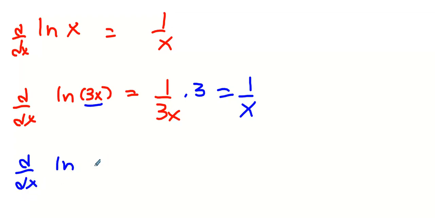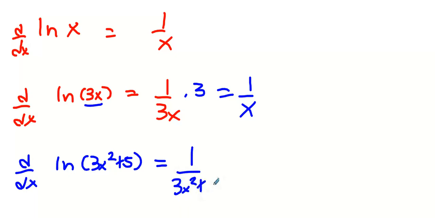Now, the next one I'm going to ask you to do is this one. ln of, for argument's sake, 3x squared plus 5. What do you think the answer is to this one? 1 over 3x squared plus 5. Differentiate the bracket. No, differentiate. 6x. You see that? It turns into a fraction, yeah?